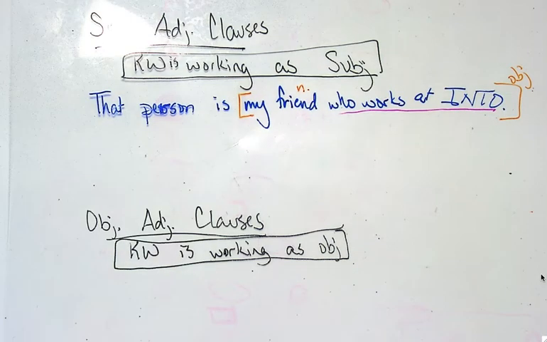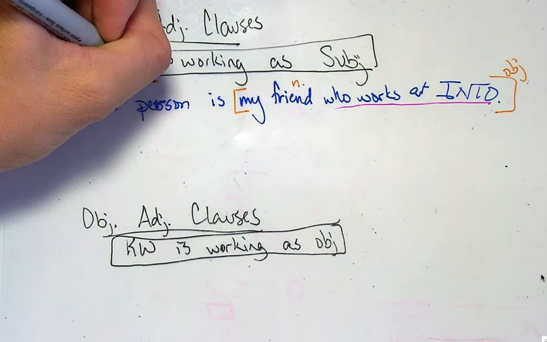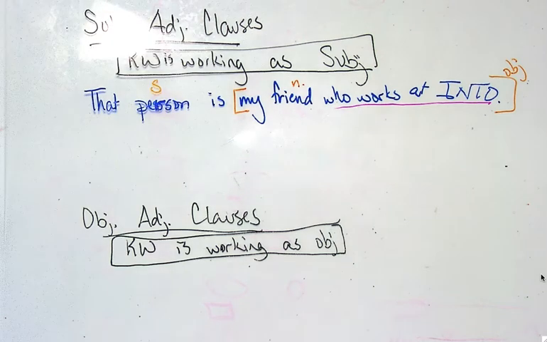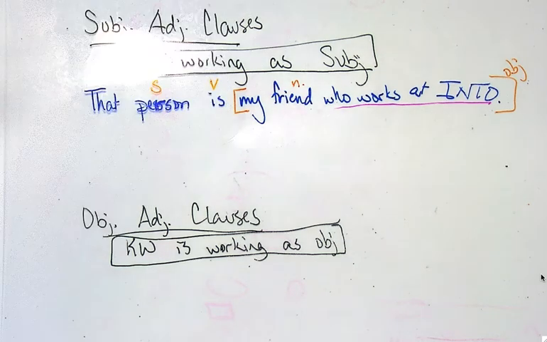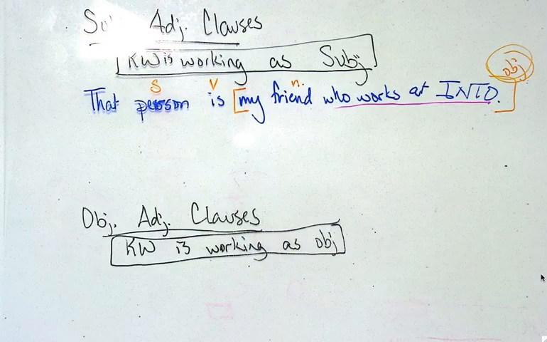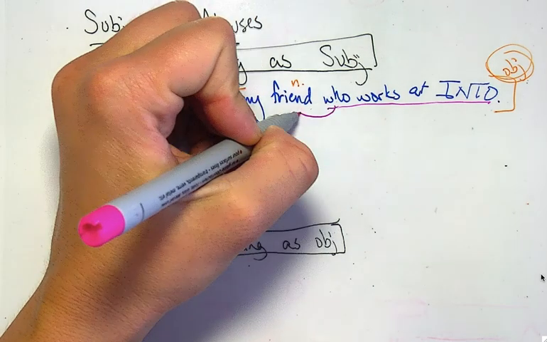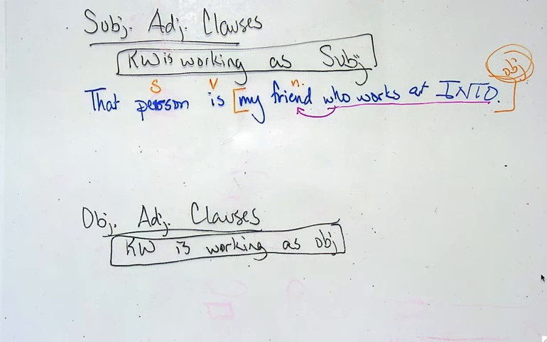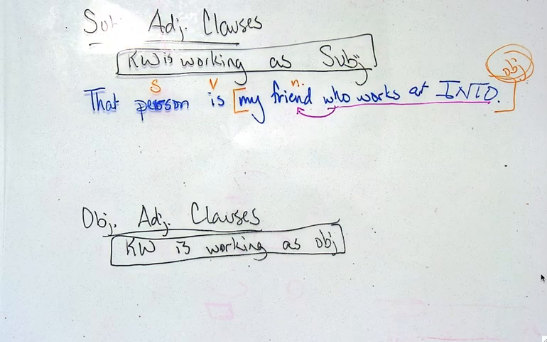In our main clause, that person is our subject. We've got a verb. And this whole thing right here is working as the object in our main clause. My friend who works at Into. We've got an adjective clause to describe which friend, not just my friend, but specifically my friend who works at Into. And the whole thing is functioning as the object in our main clause.